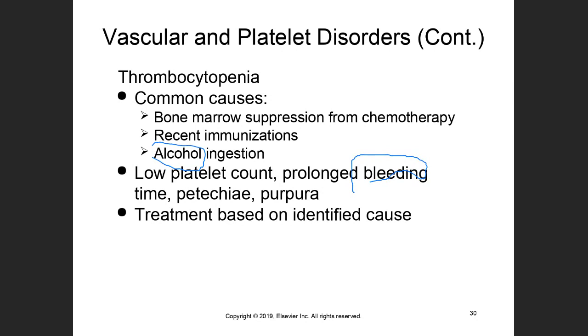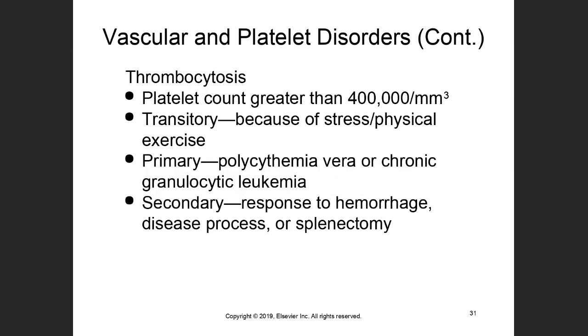You could give any amount of platelets, it doesn't matter because your body is gonna destroy all those platelets. That's why you have to treat the condition to improve the amount of platelets. Unless the platelets are extremely low, less than 20,000, then you give the platelet transfusion.